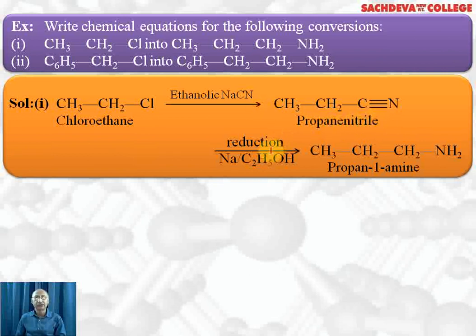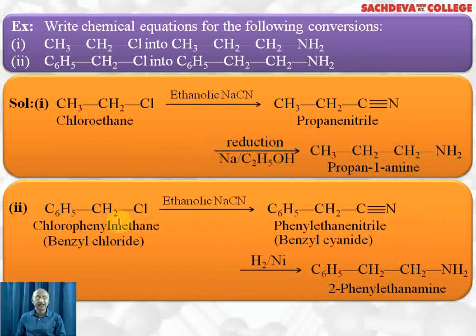This cyanide which we have got is propane nitrile. We are going to reduce it with the help of sodium and alcohol, which generates 4 nascent hydrogen. We get 2 hydrogen here, 2 hydrogen here, and the triple bond goes to single bond. We get propan-1-amine. So whenever you want to increase one carbon atom, go via cyanide followed by reduction. Here also we use the same method.